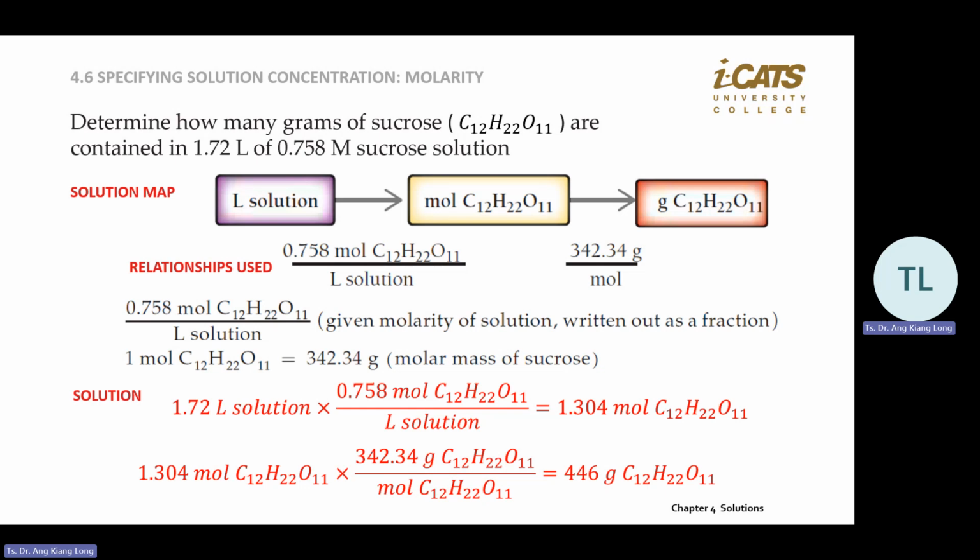If the experiment asks you to prepare 0.758 mole of sucrose solution, you should be able to do it. You know the volume is 1.72. You need to know how to calculate. You need to add 446 gram of sucrose to get 0.758 mole solution.